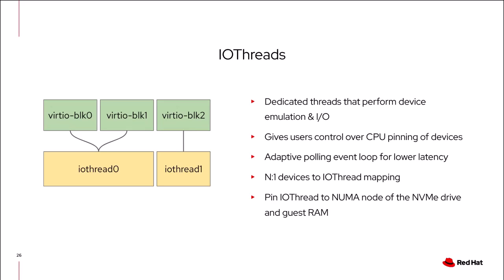It is also good for scalability, because when you have VMs with many devices that are doing heavy I/O, you may want to put them into separate I/O threads and run them on separate CPUs so that there's enough resources for both of them and no interference between them. The final thing I want to mention about I/O threads is that when the feature is enabled, that device will be able to take advantage of an adaptive polling event loop in QEMU.